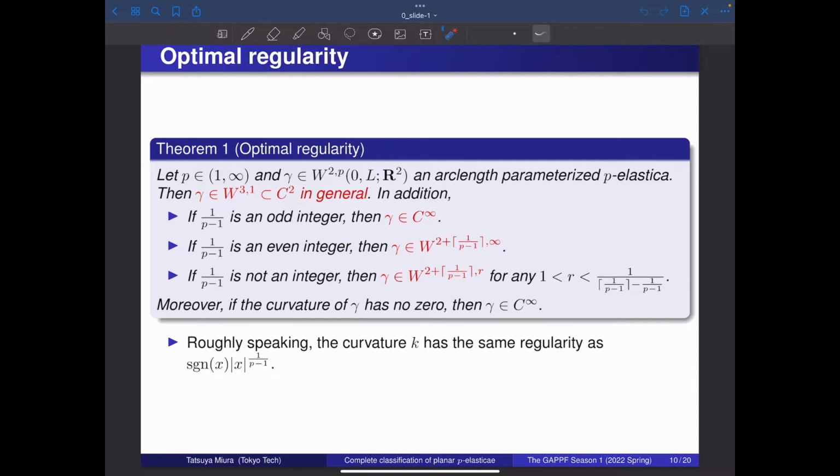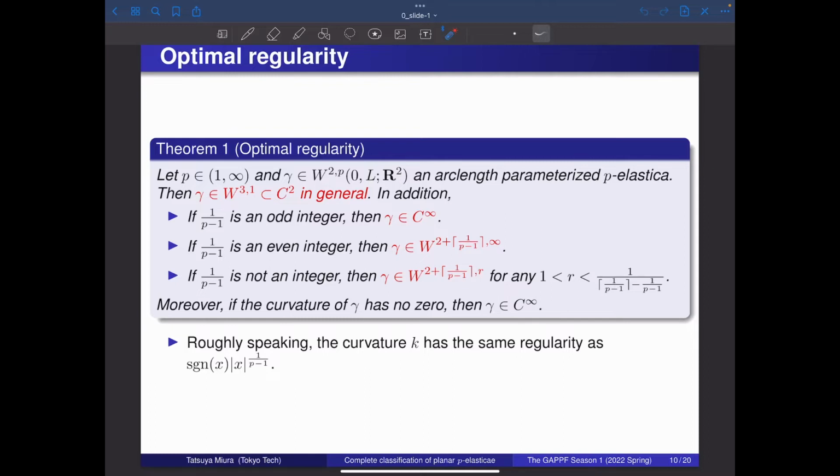And the other case is, if the 1 over p minus 1 is not an integer, then we have this kind of Sobolev regularity. And here we have the same exponent, and in this part we have some real number r between this region. Okay. So in these cases, we have regularity depending on the exponent.